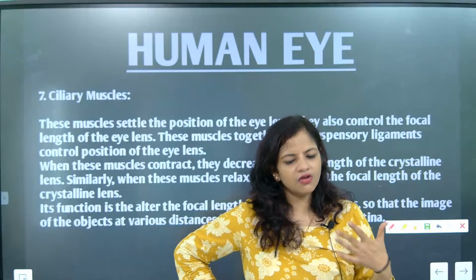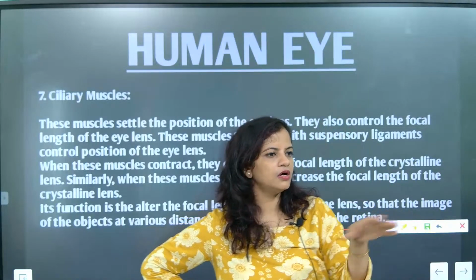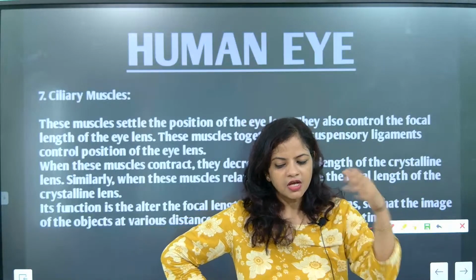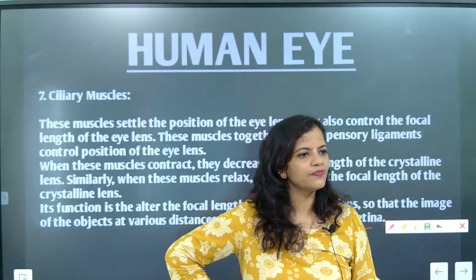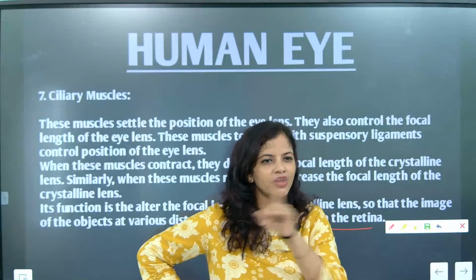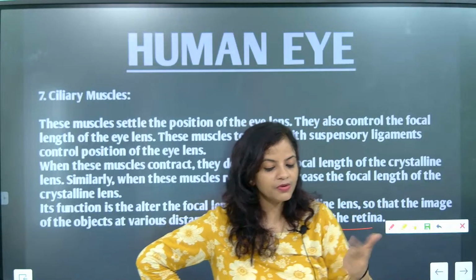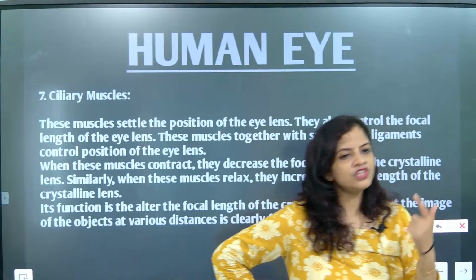In village areas where more buildings are not there, you are very near to open areas. So you will see the train crossing, and in the morning you will try to know which train, on which number. Correct? If it is a little nearby. This is possible because of what? Because of change in focal length.